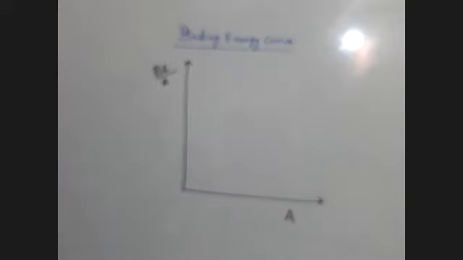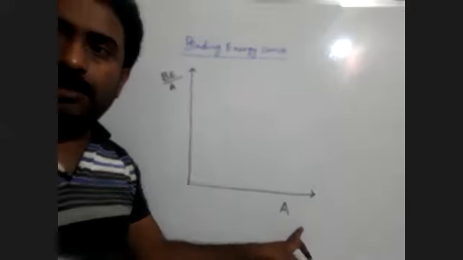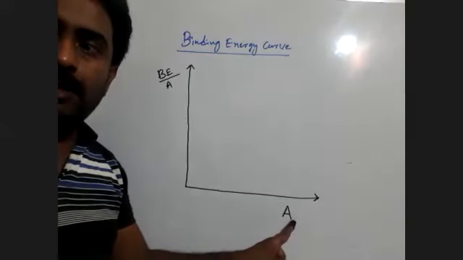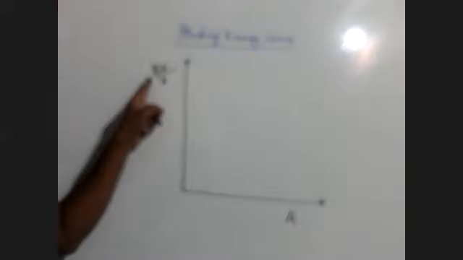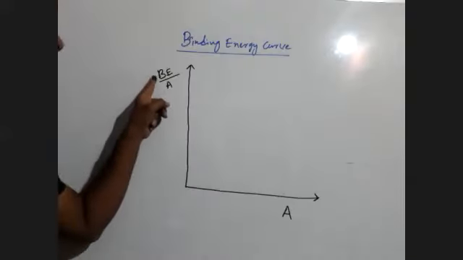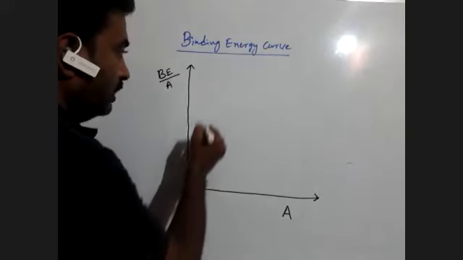Mass number is taken on the x-axis. Binding energy per nucleon, that is binding fraction, is taken on the y-axis. The graph will look like this.